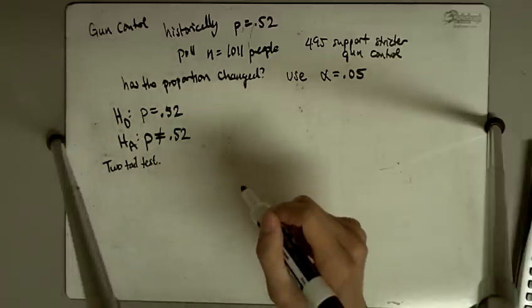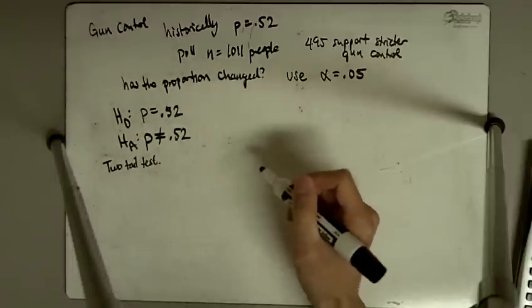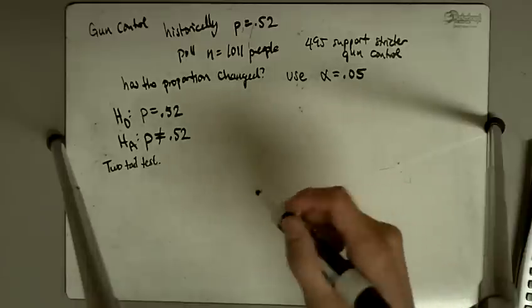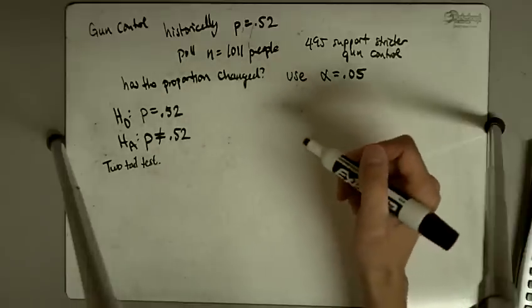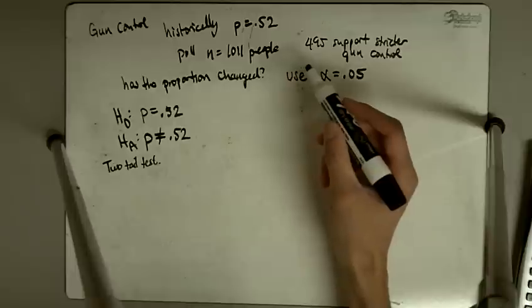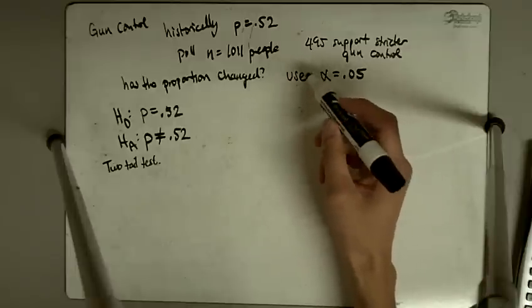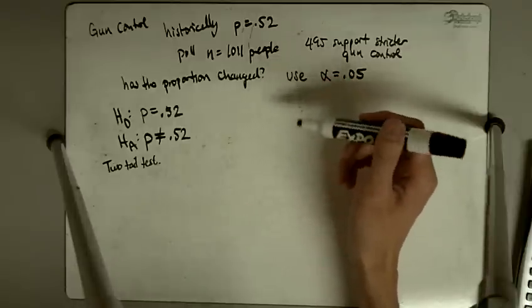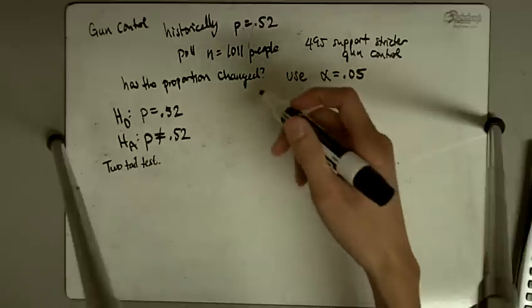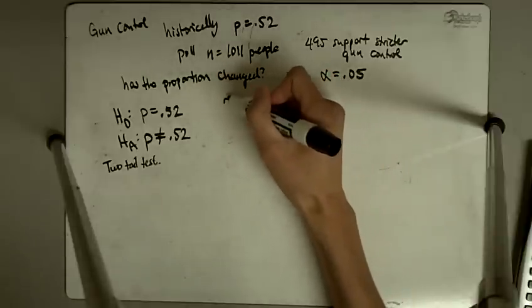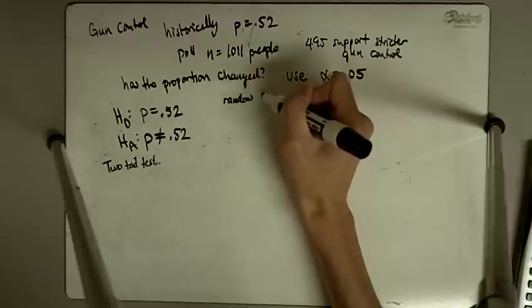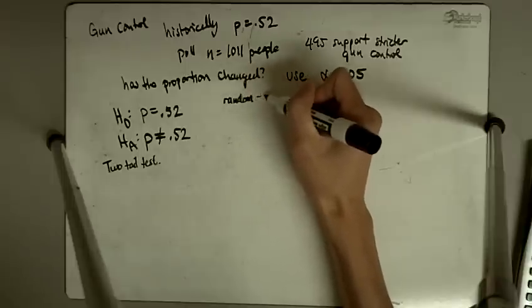Now we can check the conditions, and yes, we have a random sample. Our sample is large enough, and our population is more than 10 times our sample size. So I can list those off: random, yes.